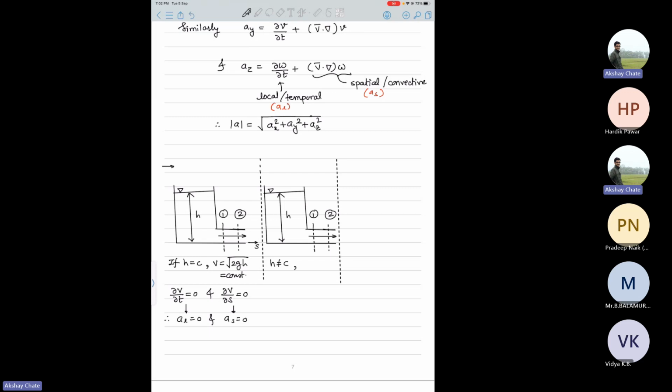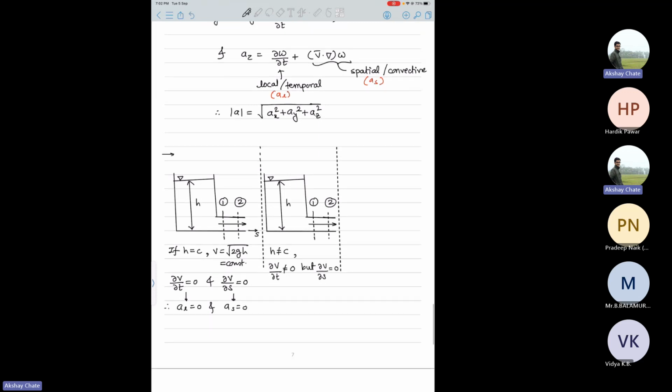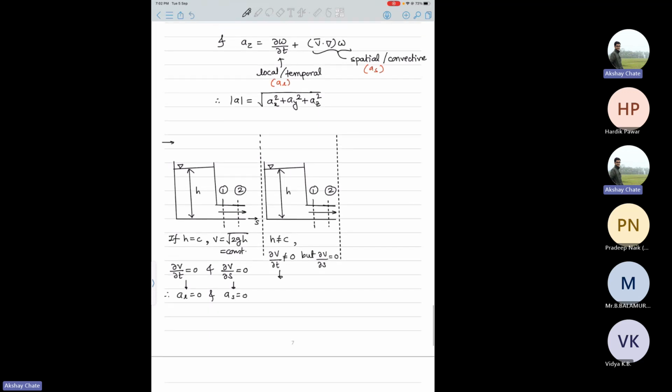Therefore, there will be change in the velocity with respect to time, so this will not be 0 now. But whatever the velocity is, between point 1 and 2 velocity is constant. So with respect to the s direction, there is no change in the velocity, so this will be 0. So this flow is unsteady, but still uniform, because the cross-sectional area is constant.